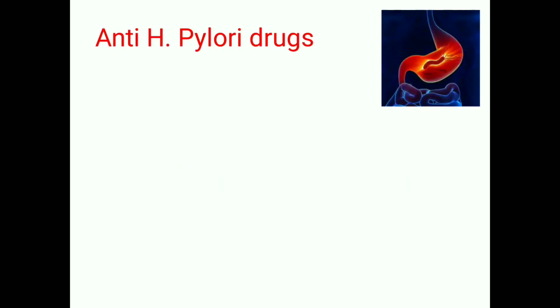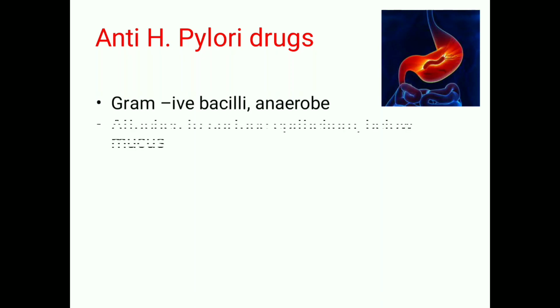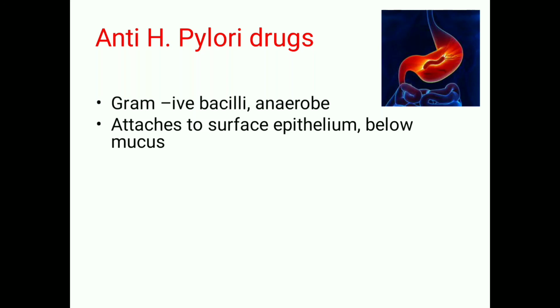Now we come to our last category, that is anti-H. pylori drugs, the drugs which are effective for eradication of Helicobacter pylori. So Helicobacter pylori is a gram-negative anaerobic bacteria which is able to survive under the hostile conditions of the gastric lumen. We know that pH in the gastric lumen is around 1 to 2, and in such acidic pH, no bacteria is able to survive except H. pylori.